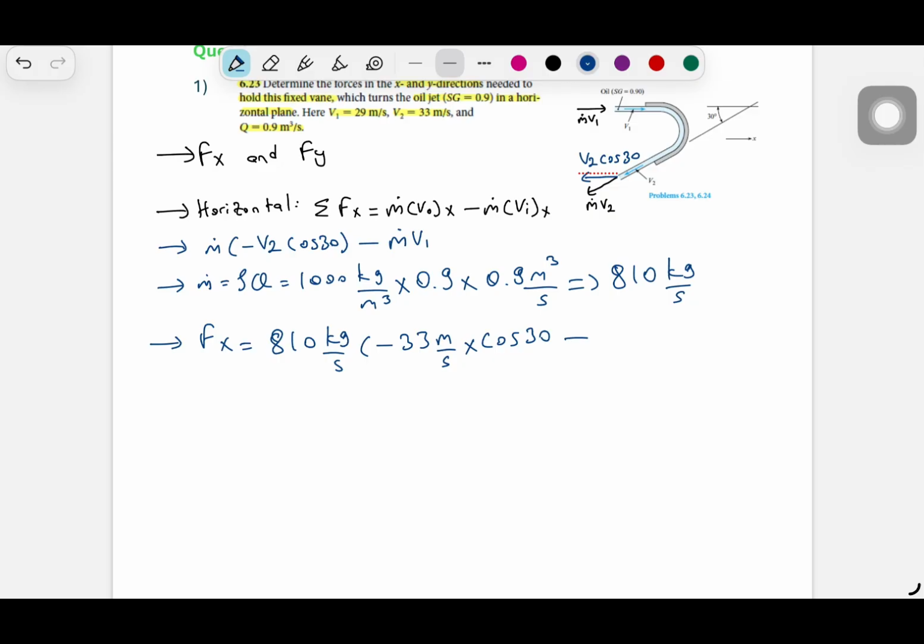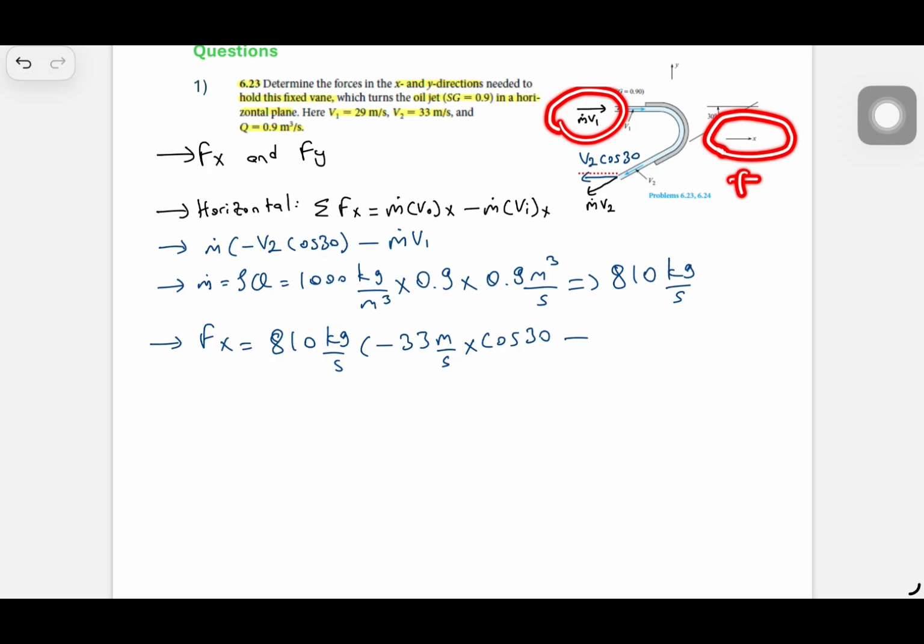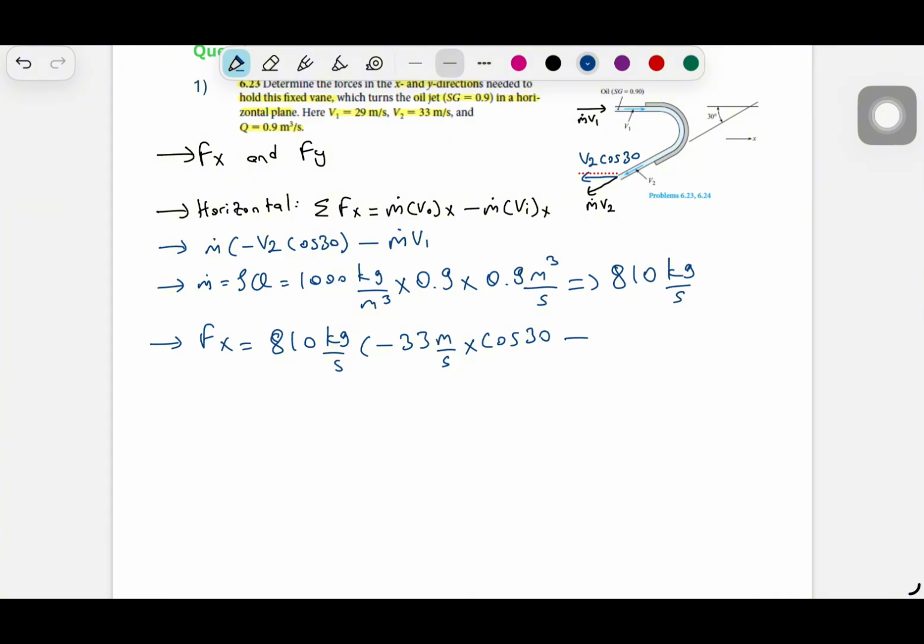And now we will see the sign. Normally we have outflow minus inflow for the calculations. The right x direction is positive, so we also have a positive momentum here. But due to the minus sign here, we will have negative velocity 1, which is 29 meters per second.